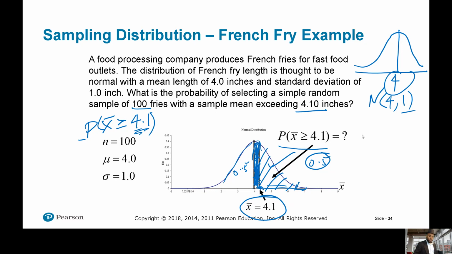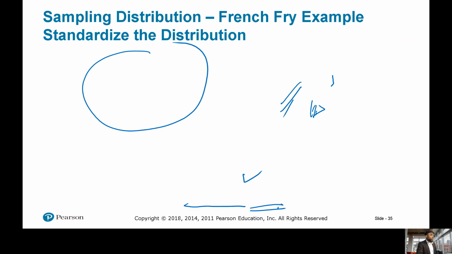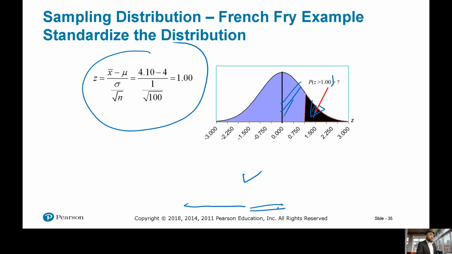If we scroll a bit forward, I already showed you how to solve for z. z is equal to x bar minus mu divided by sigma over square root of n.